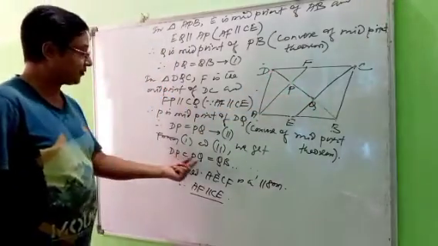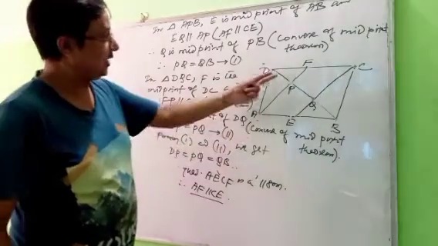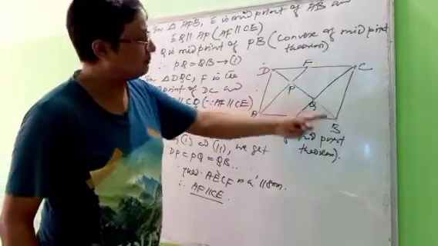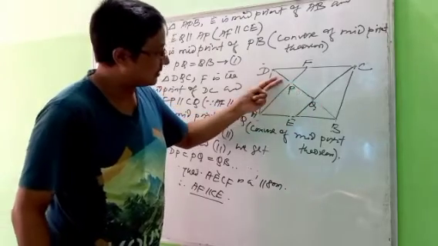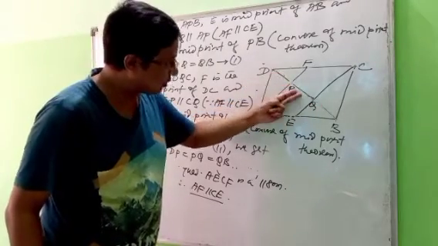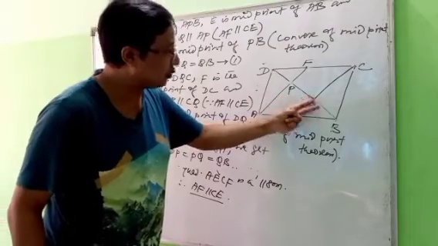Since these 3 segments are equal, the diagonal BD has been divided into 3 equal parts, that is DP equals PQ equals QB.